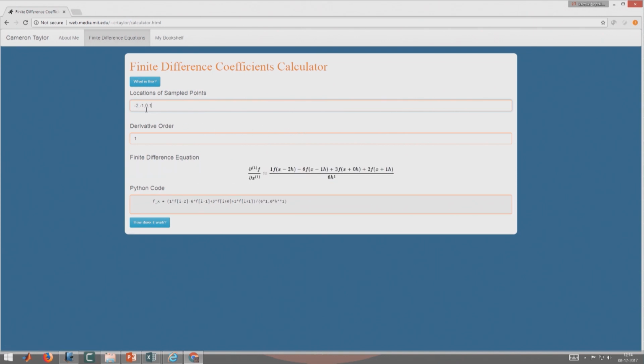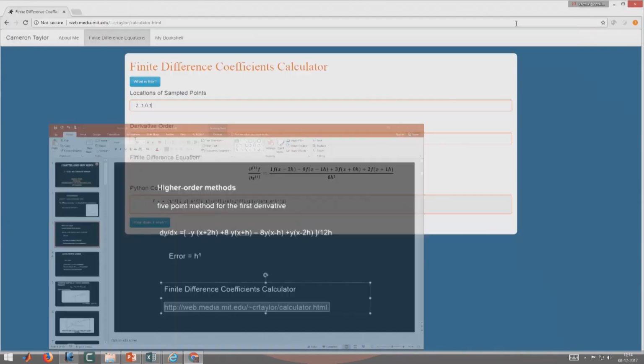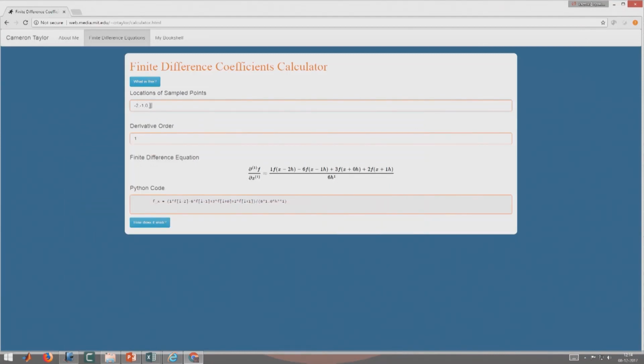Okay, so here I have taken only 4 points: minus 2, minus 1, 0, 1. So it is not really symmetric on both sides of 0. So you have different sets of coefficients here, and the denominator also is very different as against this. Here we are considering symmetric points, plus 2h, minus 2h, plus h, minus h, whereas here we are taking minus 2, minus 1, 0 and 1.